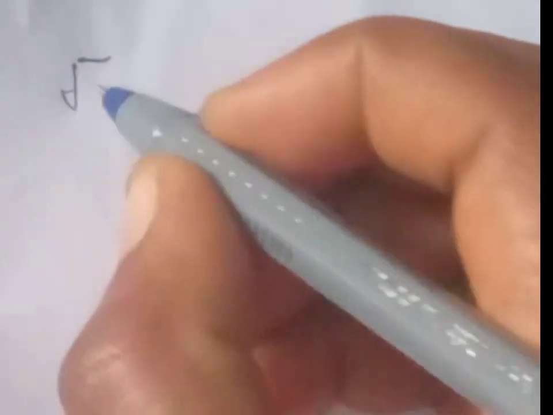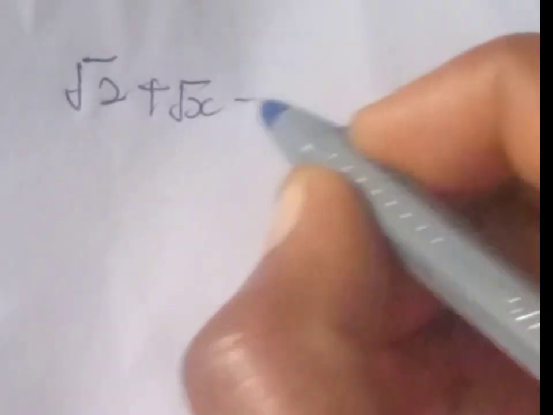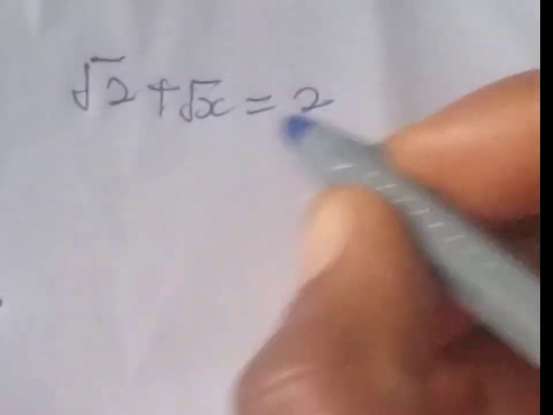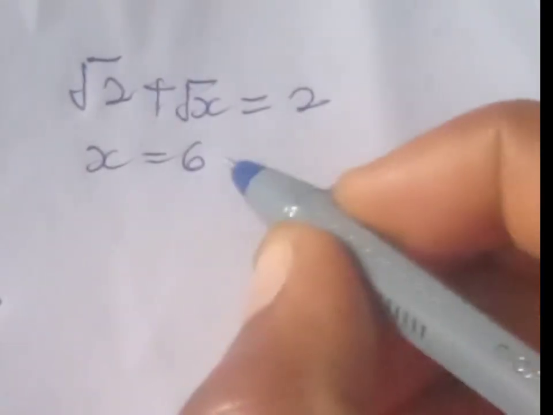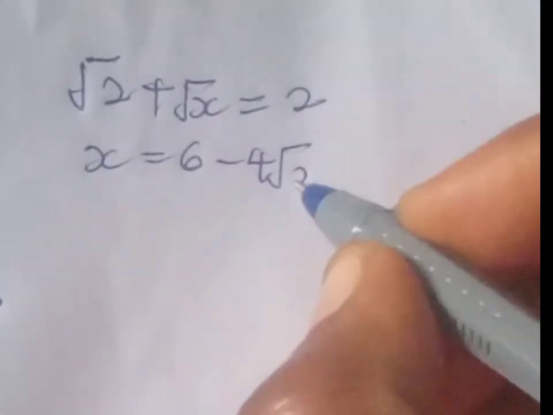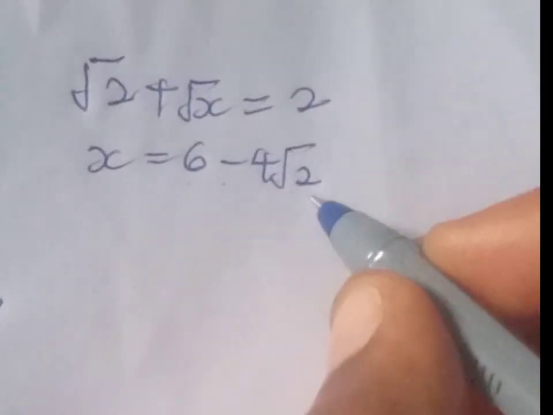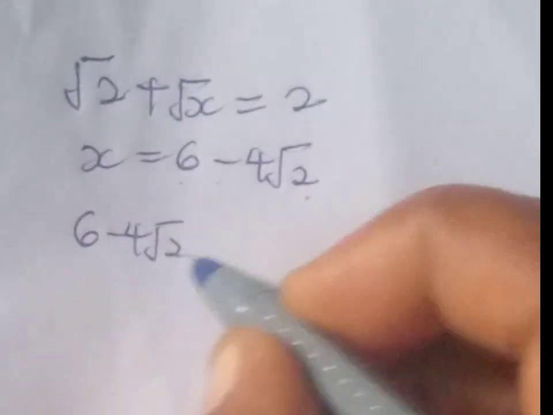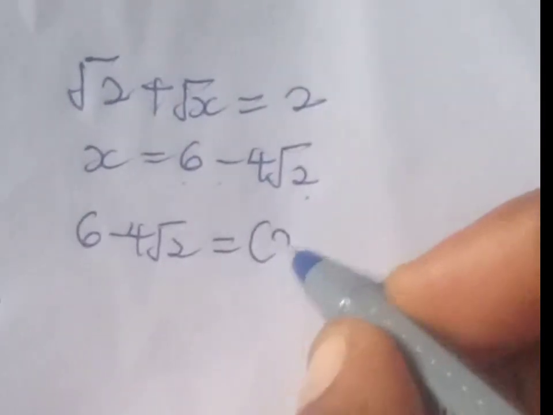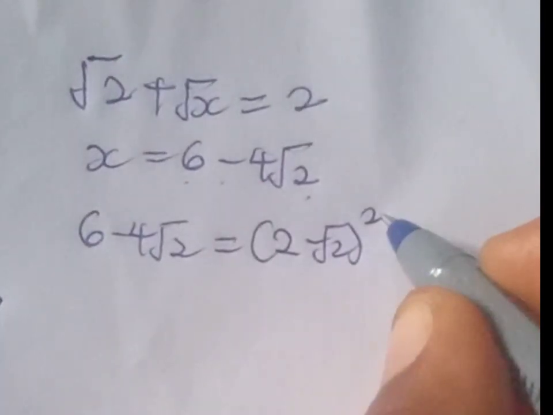Our equation again says square root of 2 plus square root of x equals 2. Let's substitute x equals 6 minus 4 root 2. Note that 6 minus 4 root 2 is also what? 6 minus 4 root 2 is also 2 minus root 2, squared.